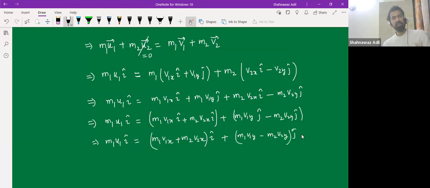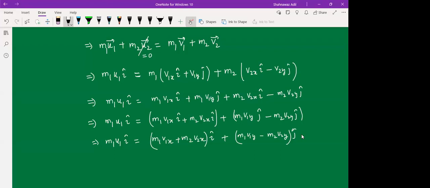So now we can compare the left and right hand side of the equation. Is this part clear?